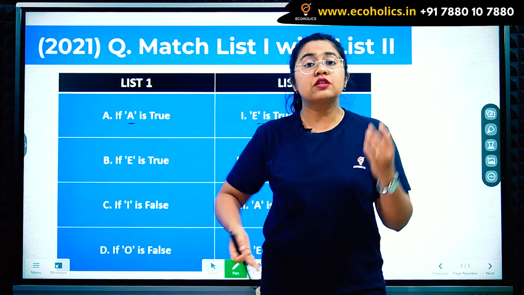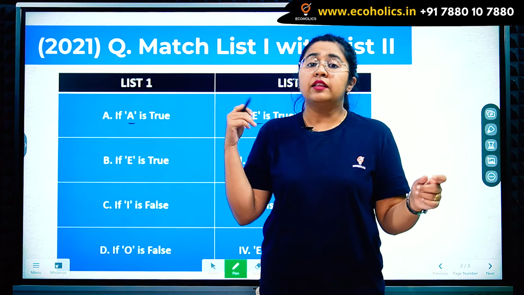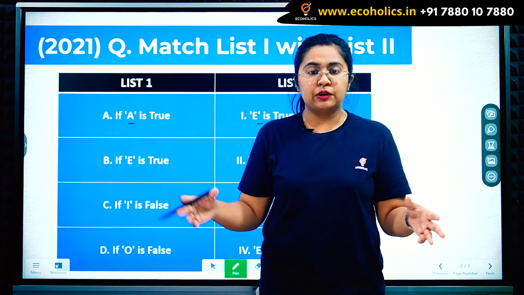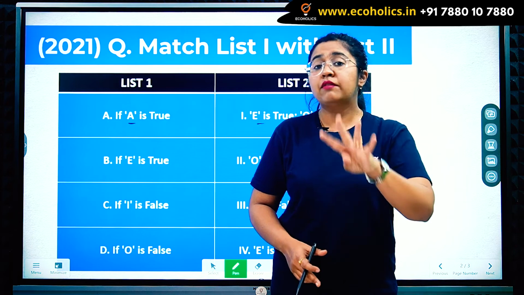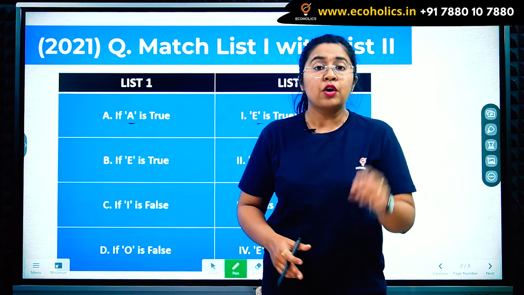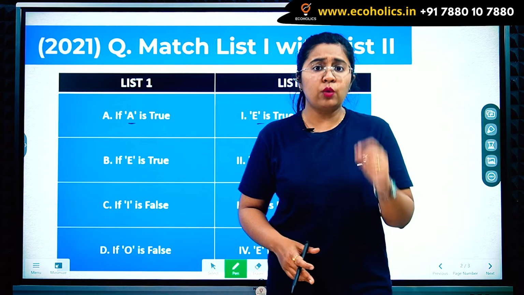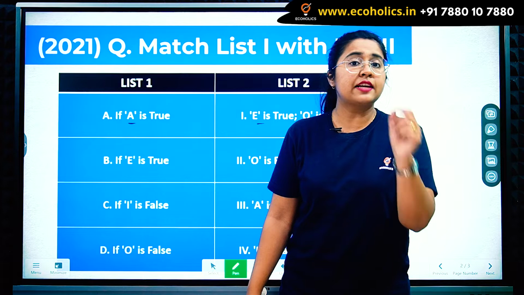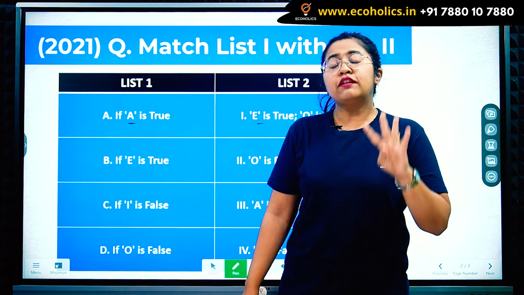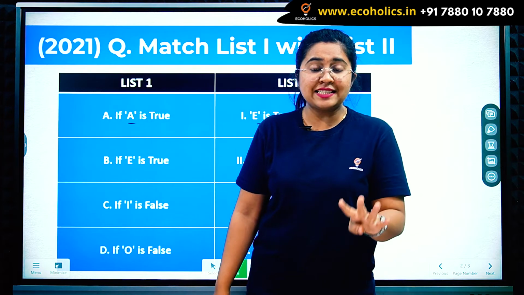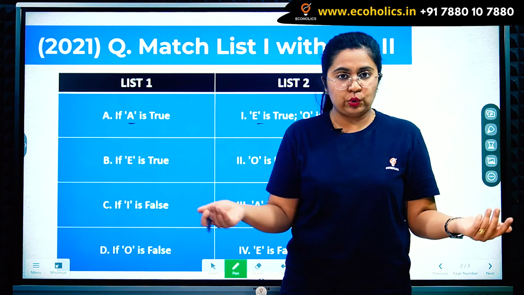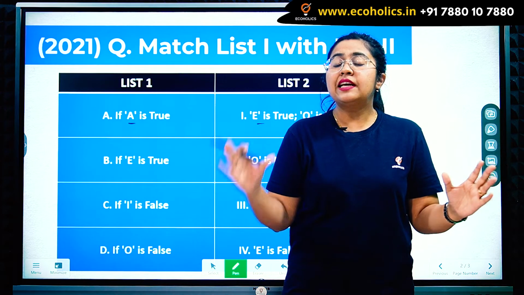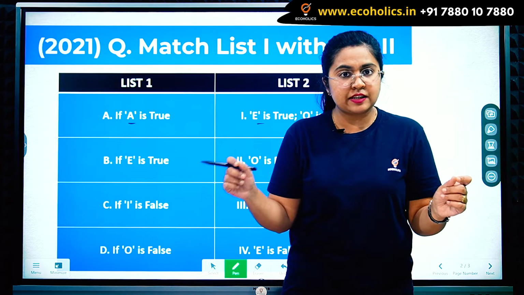So firstly, let's draw ourselves back on the concept that we did of the classical square of opposition, where we use 4 very important types of sentences, or the quality of sentences, which is A type of sentences, E type of sentences, O type of sentences, and I type of sentences. So these are the 4 different types of qualities that any sentence can show. A type of sentences will be universally affirmative or universally positive statements.